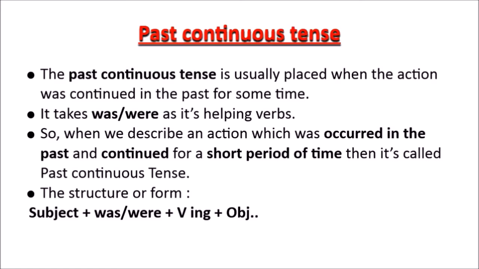So if the verb describes an action which occurred in the past and continued for a short period of time, not a continuous process till present, but a short period of time, then it is called a past continuous tense. Clear? So I have given the structure for the past continuous tense. Look at the structure. Subject plus was or were plus verb ing form plus object. Understand?